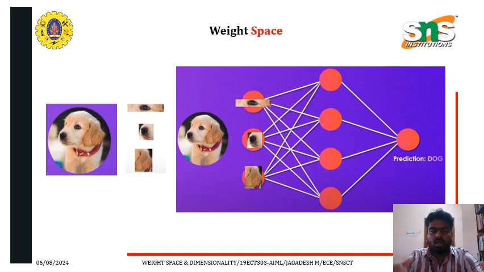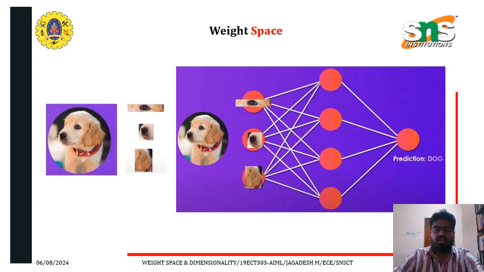Here the dog face will be similar to all dogs, so only some features differ. Some dogs may have a bigger ear and some rounded eyes, so there is some unique feature. That unique feature must be given a higher weight value so that the model can be trained and it will predict the test input accurately. So this is the significant importance of the weight space.